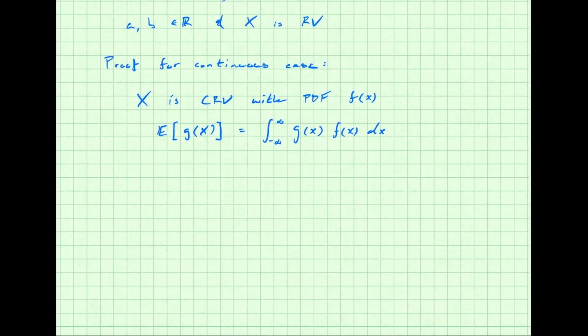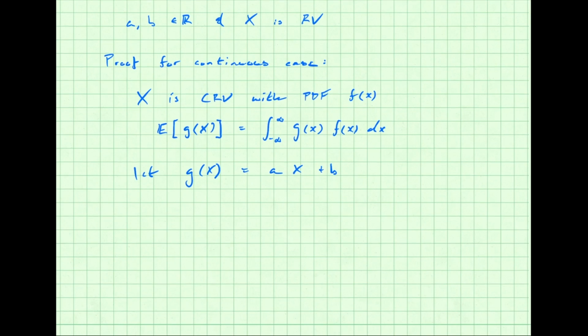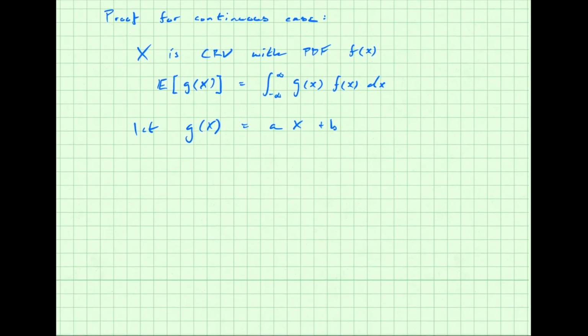Now we want to work on this case where g of x is ax plus b. So let g of x equal ax plus b, and a and b are real and so on. So let's just try it.